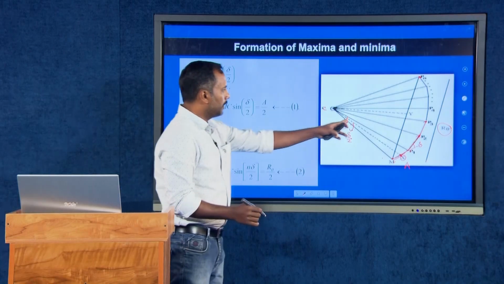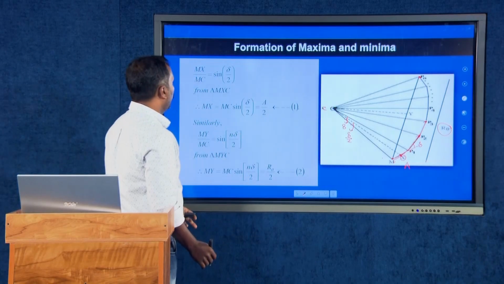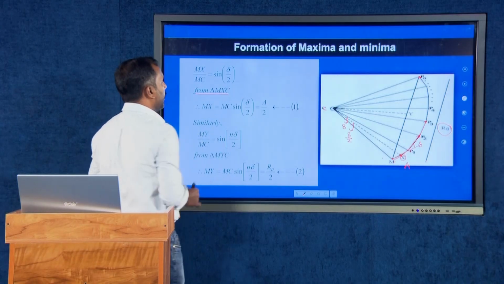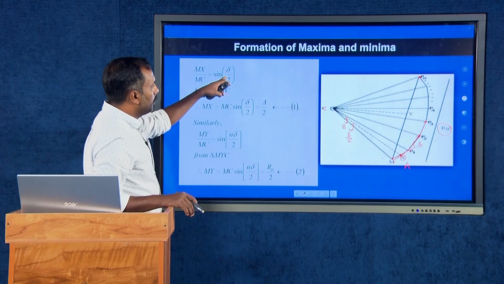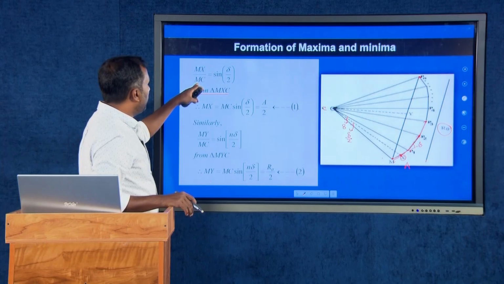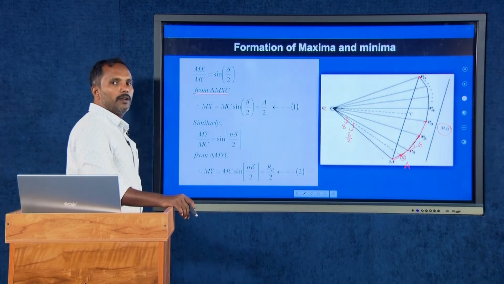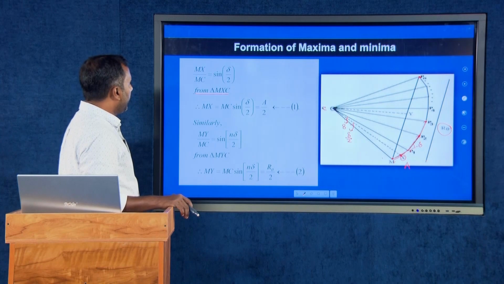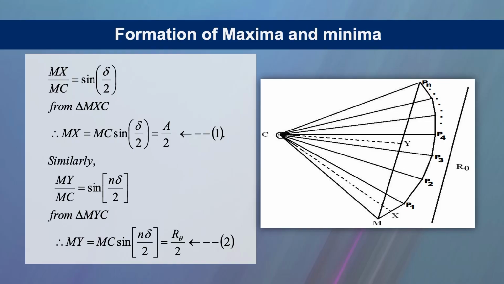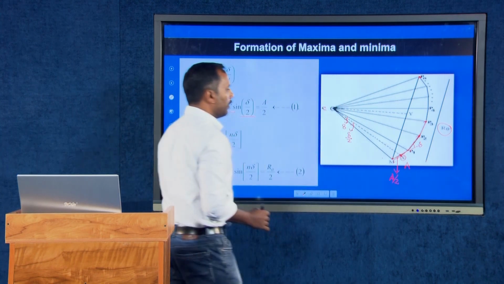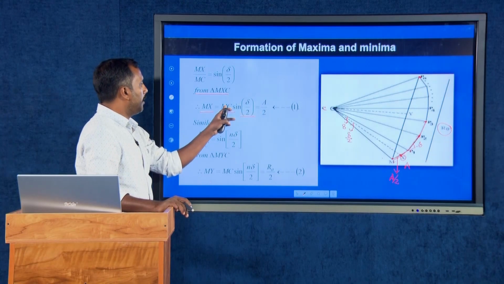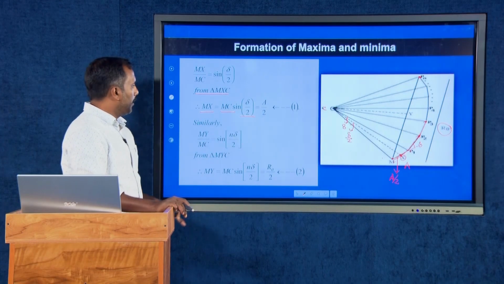From the triangle MXC, we can write sin delta by 2 is equal to MX by C, that is opposite side by hypotenuse. Again this MX can be written as MC into sin delta by 2, and you remember MX is nothing but half of the amplitude, therefore the distance MX is a by 2. Therefore I am writing it as MC sin delta by 2 is equal to a by 2.